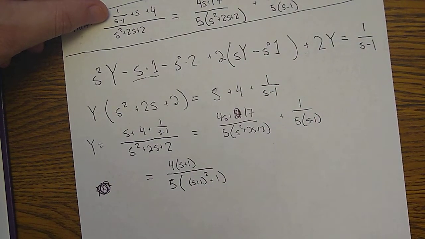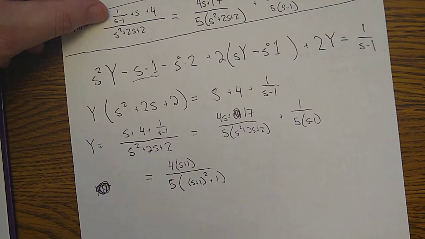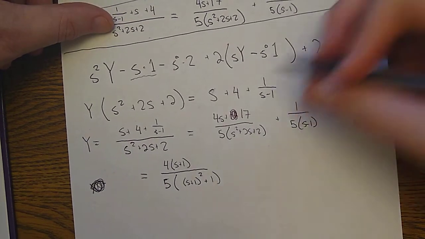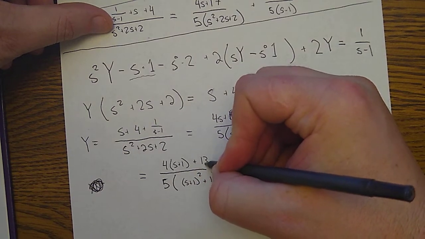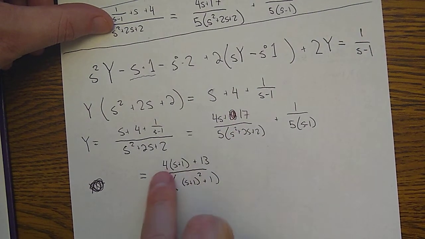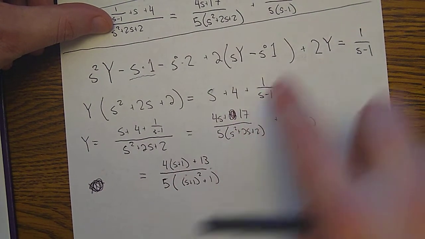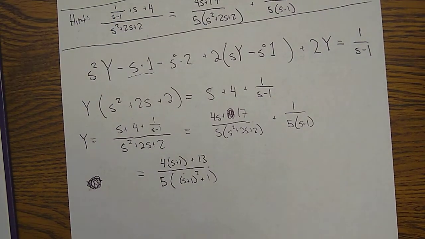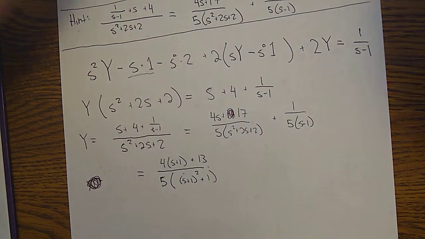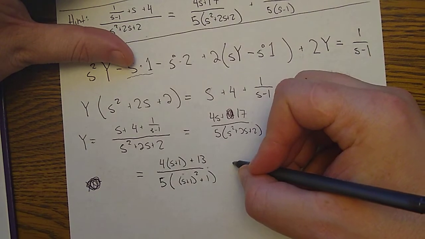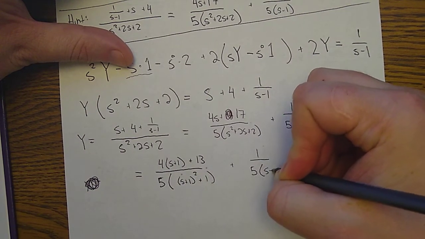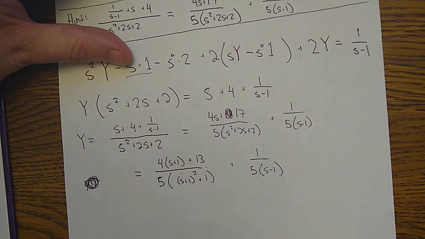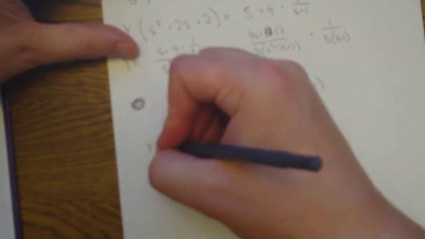Of course, now I have to think about what I have to do to fix the fact that I changed that. This 17 can become a 13, and then 4 times 1 plus 13 would be 17. So this is the same thing. Okay. Now I think I'm ready to go.